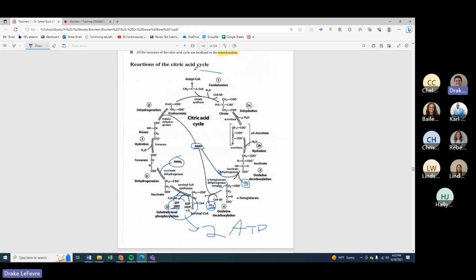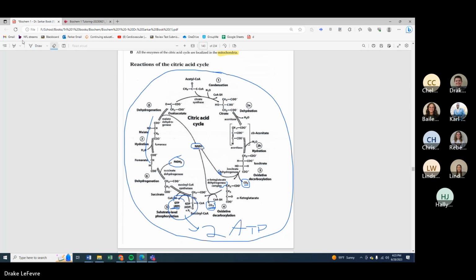So like I said, if your test is on Monday, you really, really want to spend some time going over these steps. Ideally, if at all possible, you want to be able to draw almost this entire thing, not all of the pictures and stuff, but the flow of it, where acetyl-CoA gets acted on by citrate synthase to produce citrate.